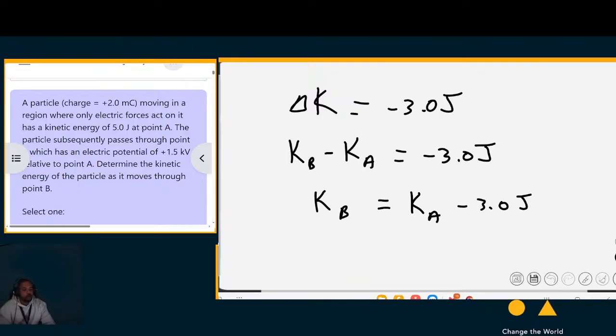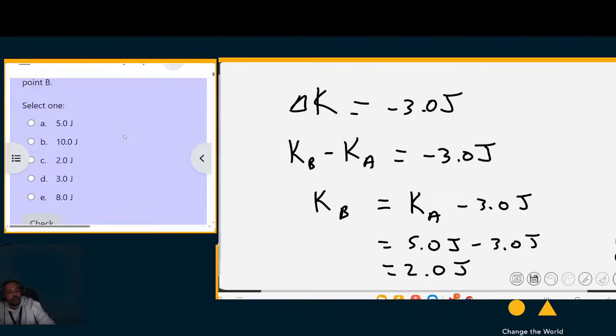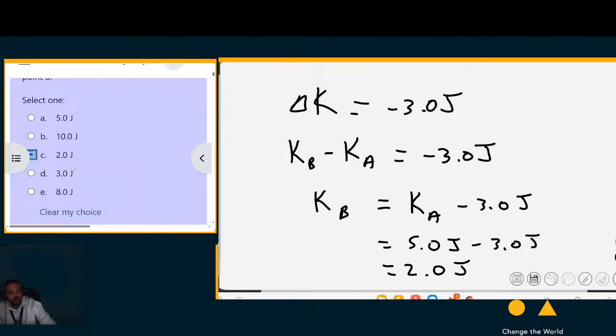Remember, this is what we want, the kinetic energy of the particle at point B. What is the kinetic energy at point A? They already gave it to us. It is 5 joules. It's 5 minus 3 joules. So the kinetic energy at point B is 2 joules.